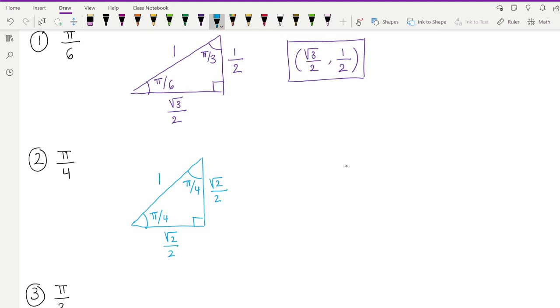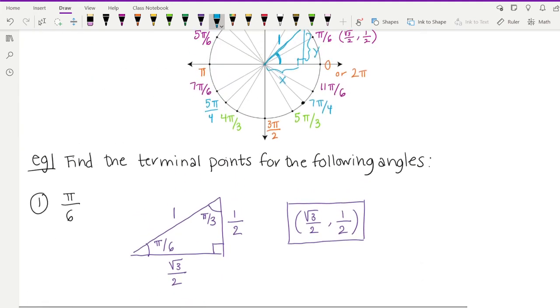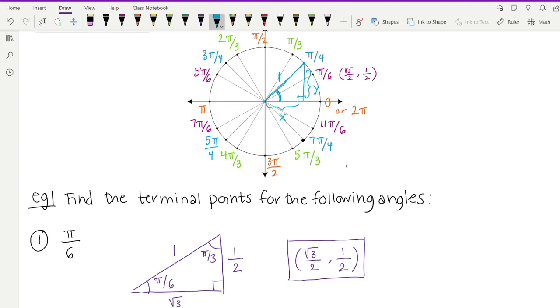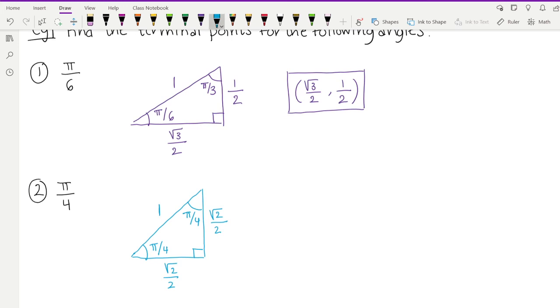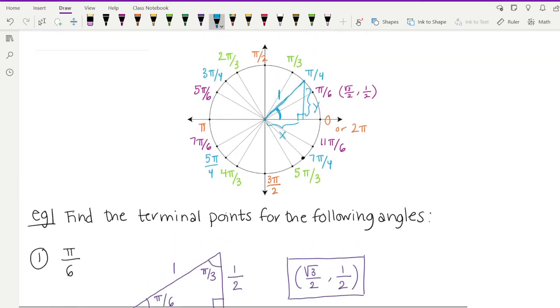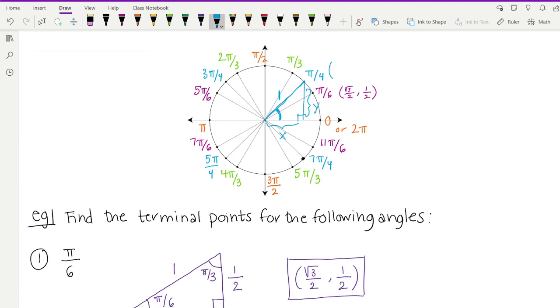To find the coordinates of the terminal point, we know that the x-coordinate is the horizontal side and the y-coordinate is the vertical side. Those both happen to be square root of 2 over 2, so in this case the x and y-coordinates of the terminal point are equal to each other. That is our terminal point, and I'll go ahead and label that up here as well.